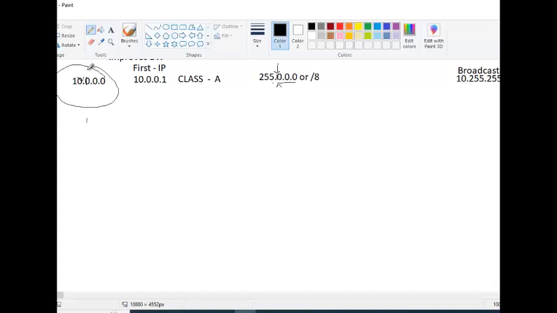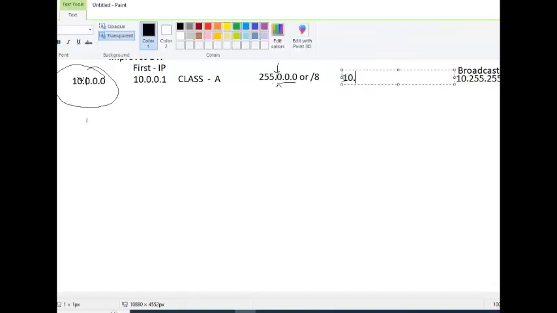Then what is the last IP? The last IP is 1 bit less than this. 1 bit less than this will be 10.255.255.254.